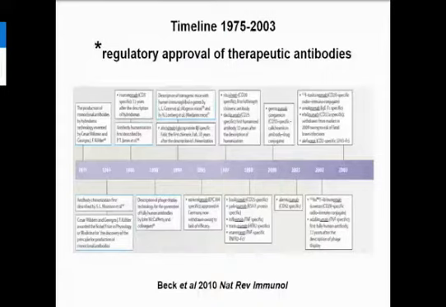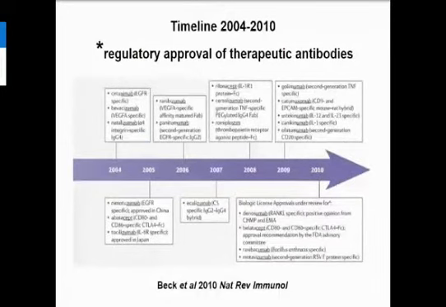And then, so this only goes up to 2010, but you can see there's this steady stream of therapeutic antibodies now being generated, and we're starting to get second generation ones now that have modifications that make them slightly better than the original versions.